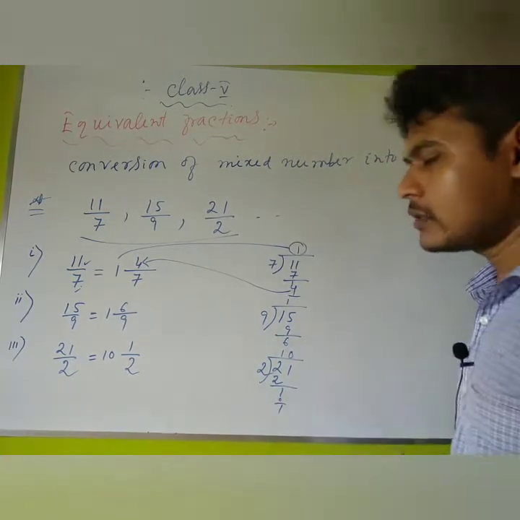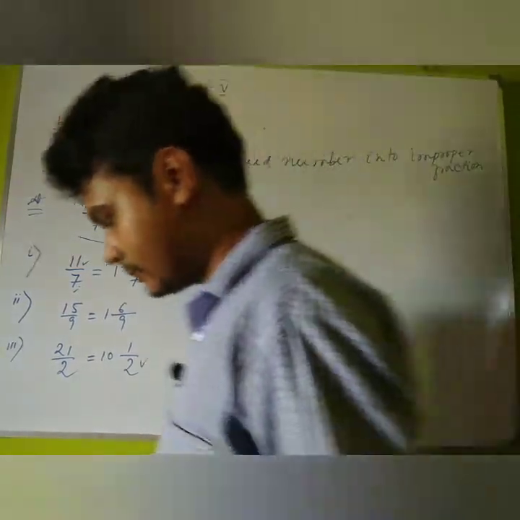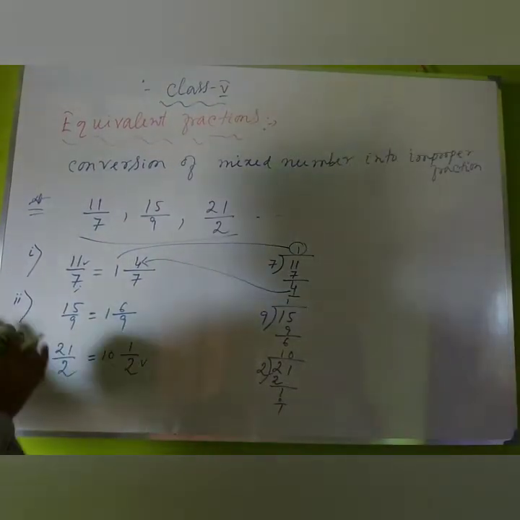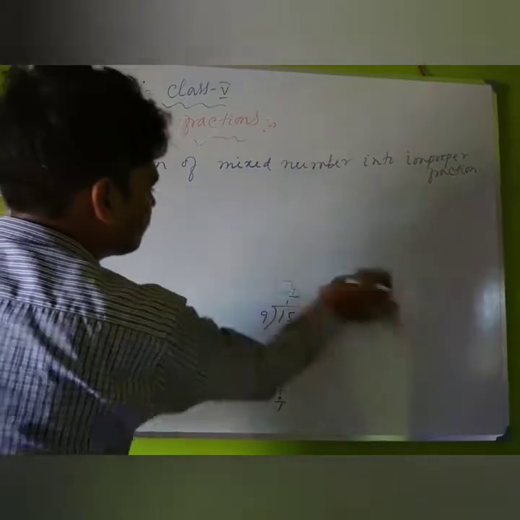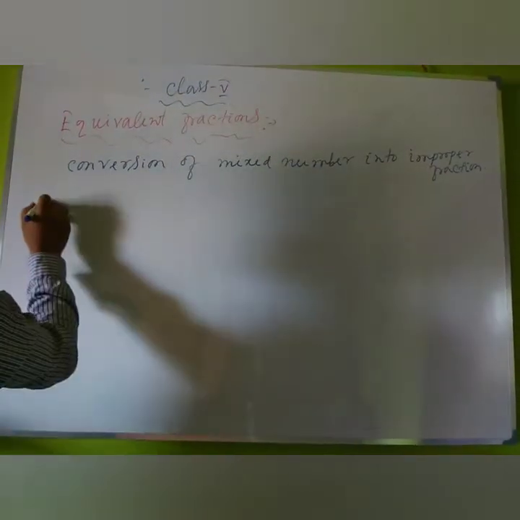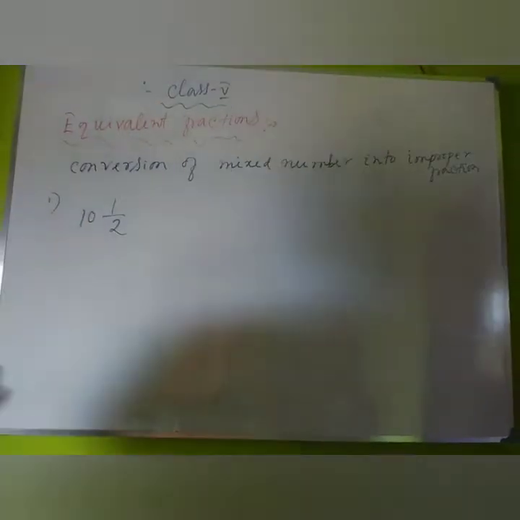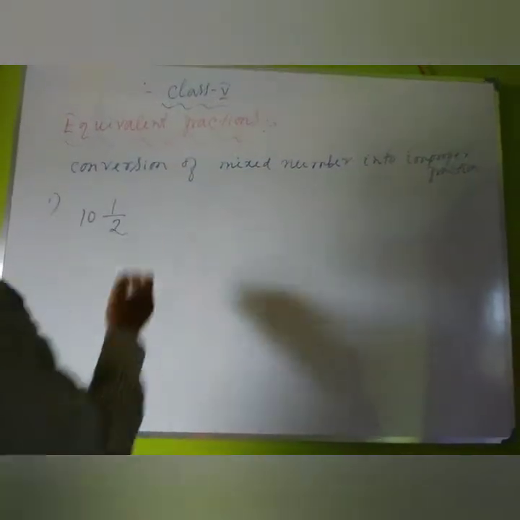How do we write this? Just take one of them, just take this third number. If we write down this fraction, 10 as a whole, 1 by 2. First example, 10 as a whole, 1 by 2. Then how will we convert this mixed number into an improper fraction?